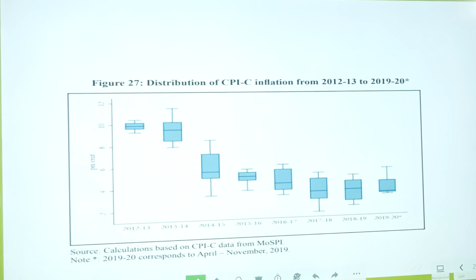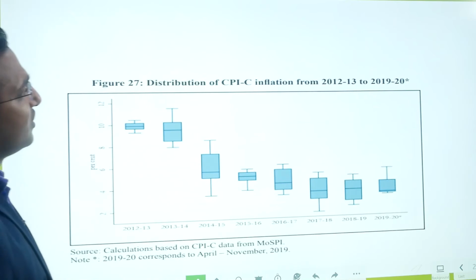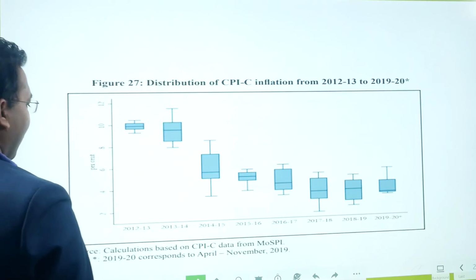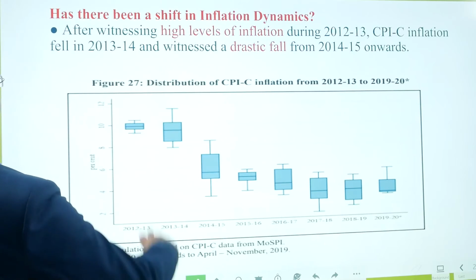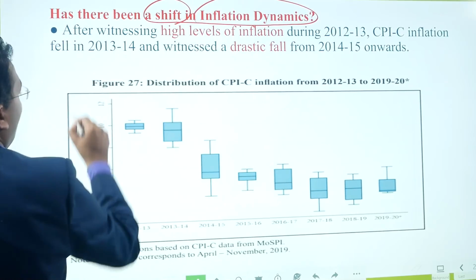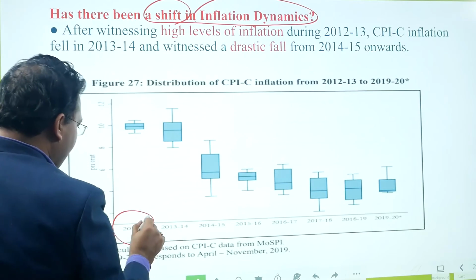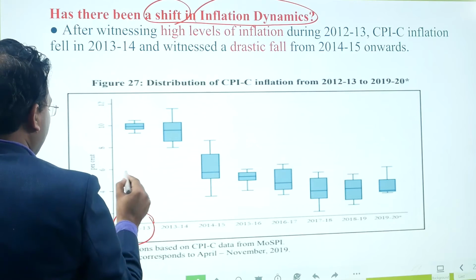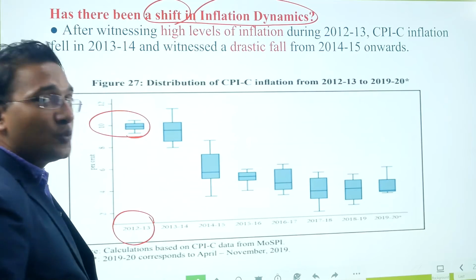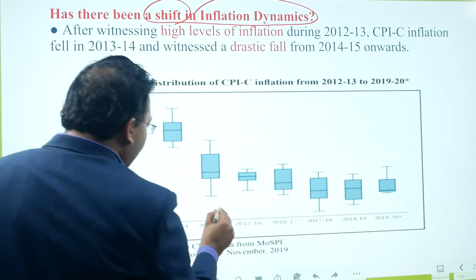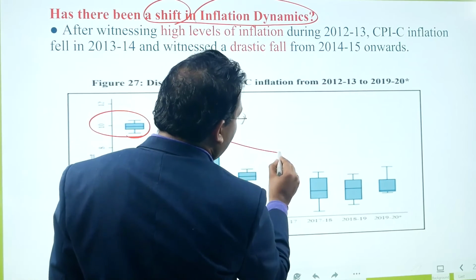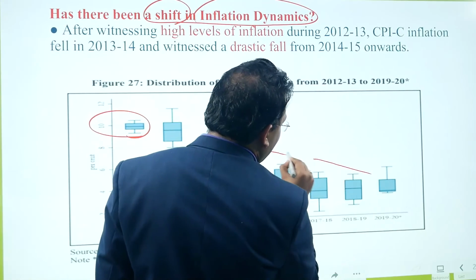Now, distribution of CPI-C inflation from 2012-13 to 2019-20. You can see there is a shift in the dynamics of inflation. In 12-13, around 7-8 years ago, the rate of CPI-C used to be in the double digit, approximately 10%. In 14-15, there was a sudden slowdown, and after 14-15, there has been a consistent decline.